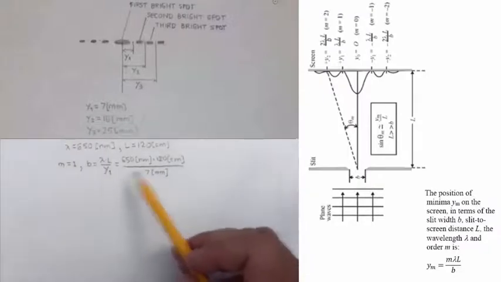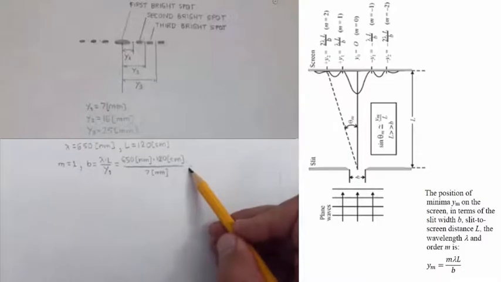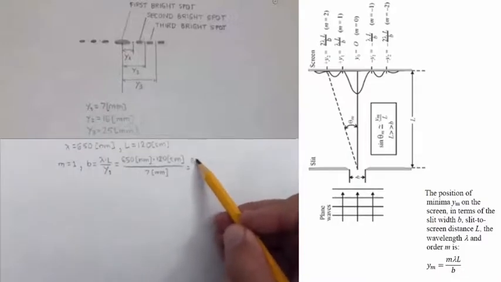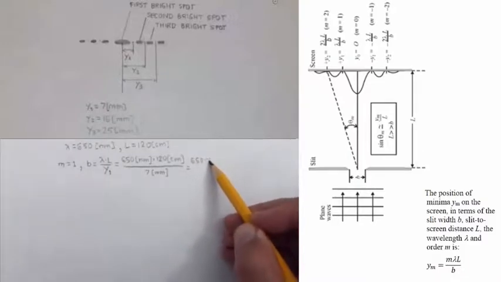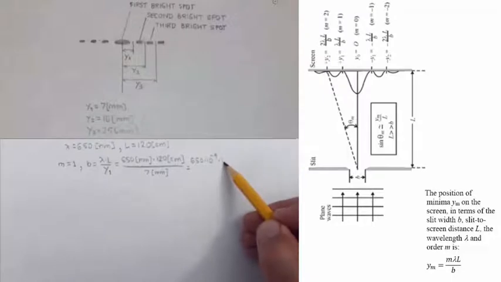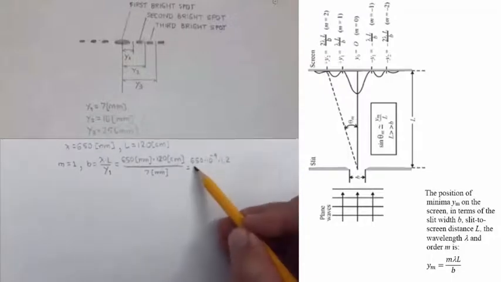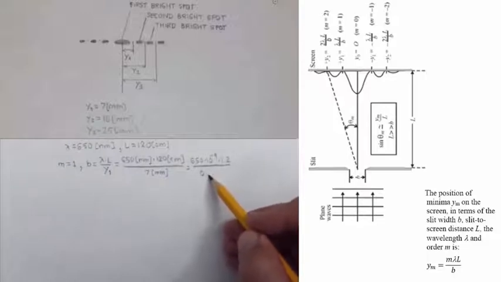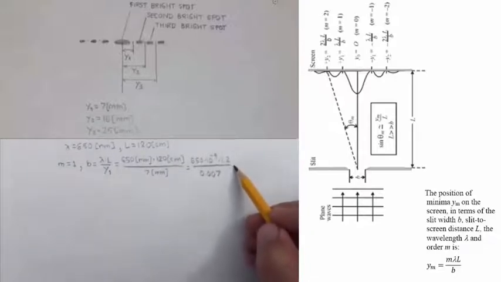Now what you can do here, you can convert everything to the base units. So we're going to have 650 times 10 to the negative 9, and then 120 centimeters is equal to 1.2 meters, over 7 millimeters being 0.007. And then we can perform the math using our calculator.